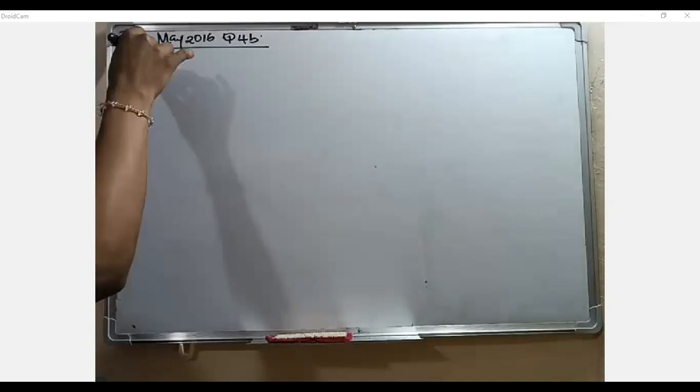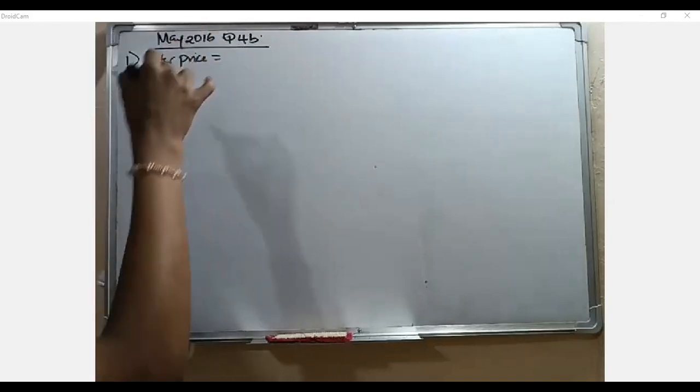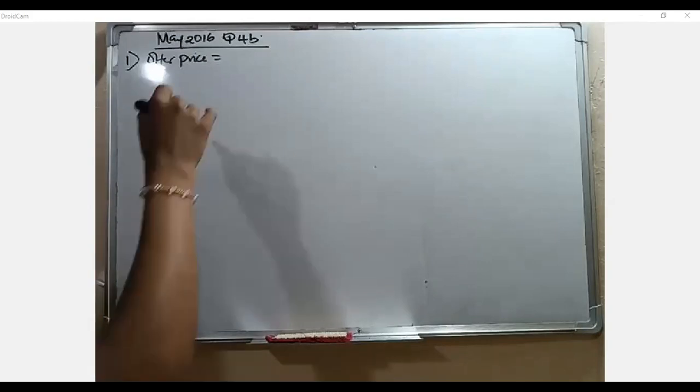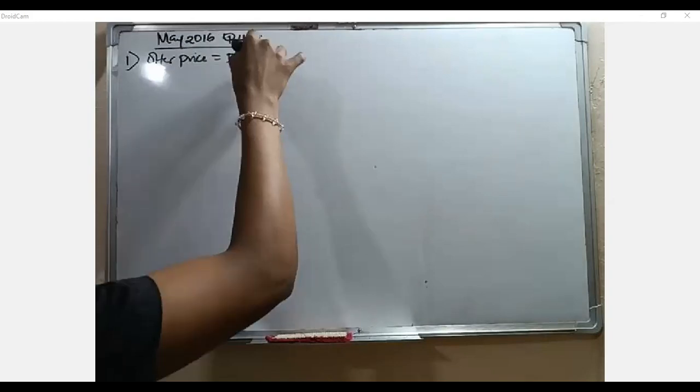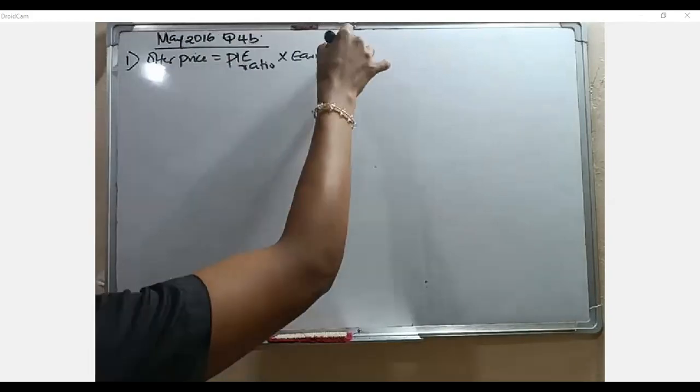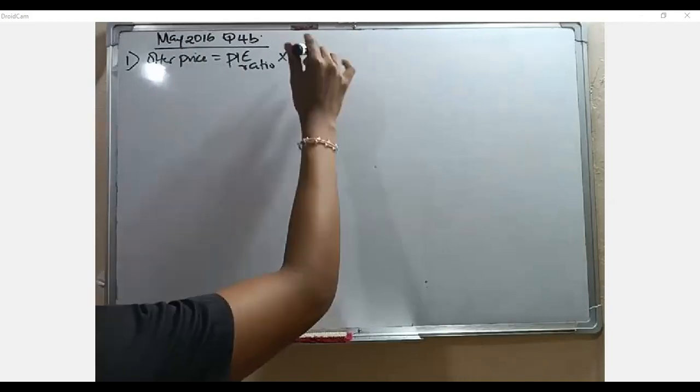When I look at that question, the first thing that the examiner is asking, before I continue talking much, is the offer price. Now, I have told you to calculate the offer price, you just need to take the PE ratio, very simple, PE ratio, we multiply by earnings. Let me write it well.